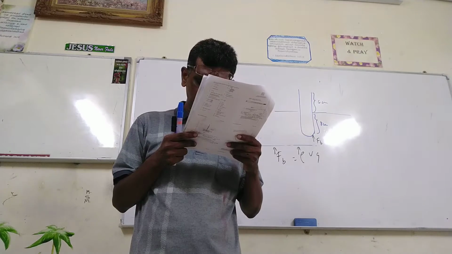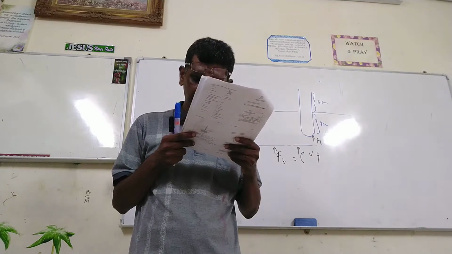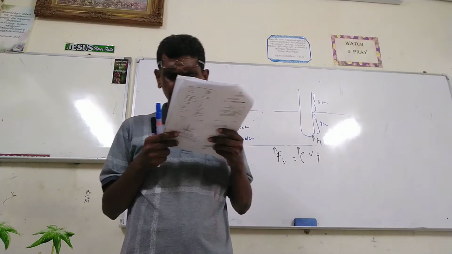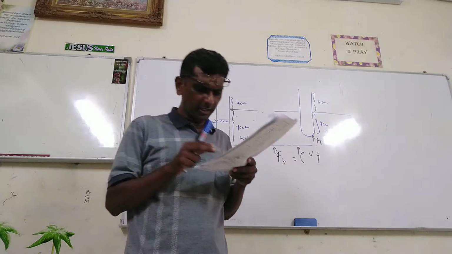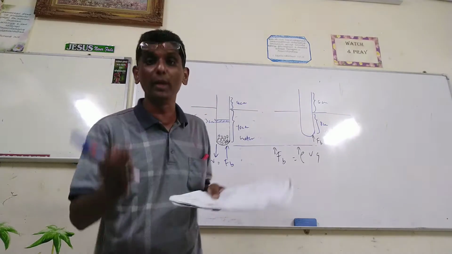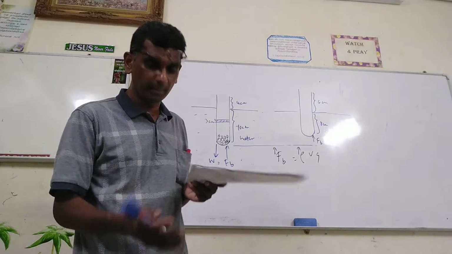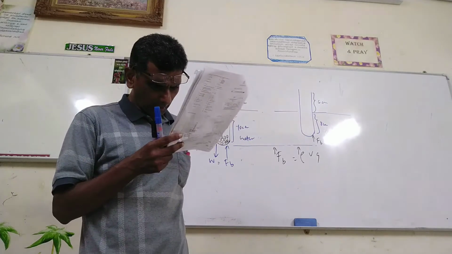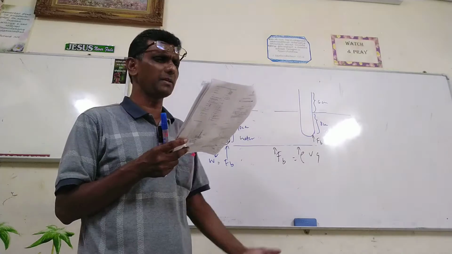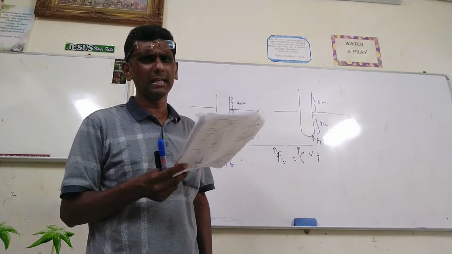Diagrams 5.1 and 5.2 show two different wheelchairs. The mass of the wheelchair and the man are the same. In other words, the weight is the same. Okay. What is the meaning of pressure? Pressure means force per unit area.